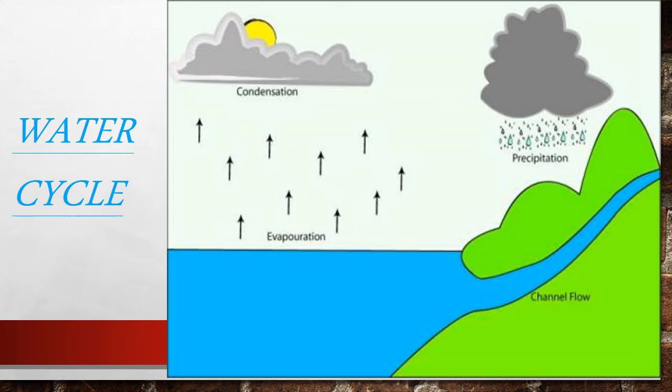In sedimentation, the process of settling down of the heavier insoluble component is known as sedimentation. And when we pour the clean water slowly into a different container, this process is known as decantation.